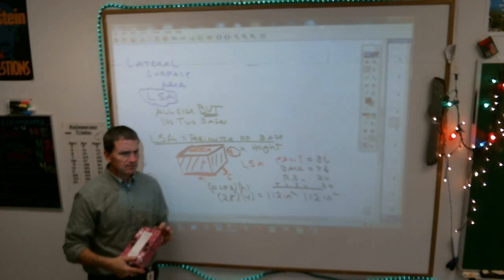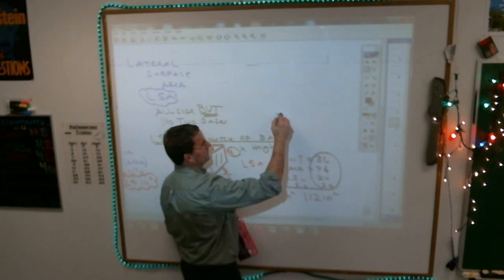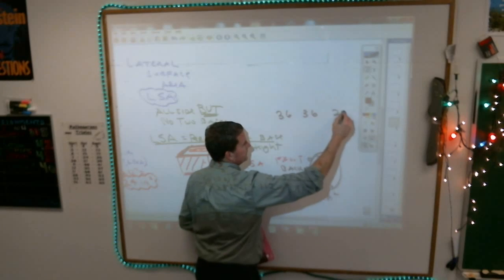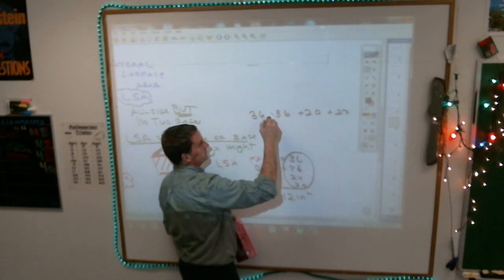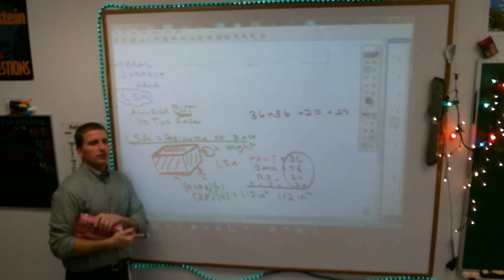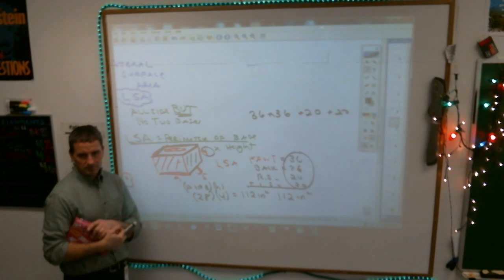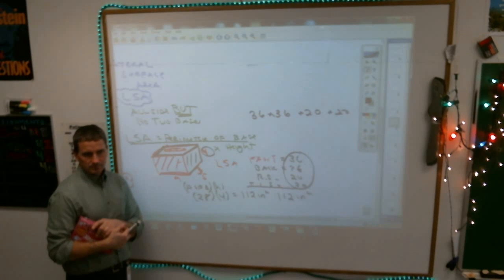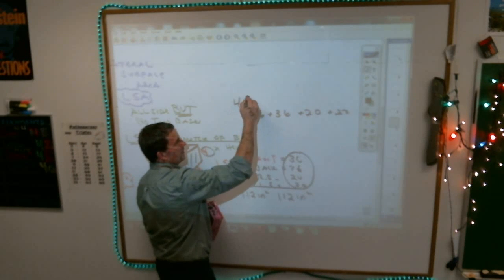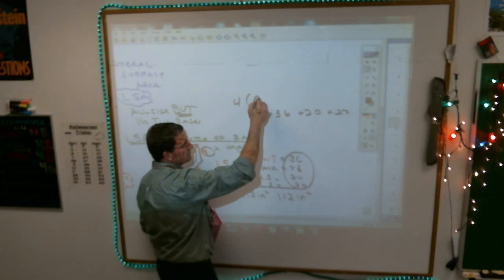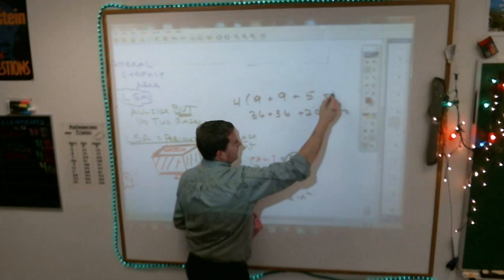Why does that work, you ask? Well, think about this. Look at all these numbers. I had 36, 36, 20, and 20, right? I added those together, correct? If I did reverse distributive property and factored out, what number can I factor out of all those? Keith says a 4. If I factor a 4 out, what am I left with? A 9 plus a 9 plus a 5 plus a 5.